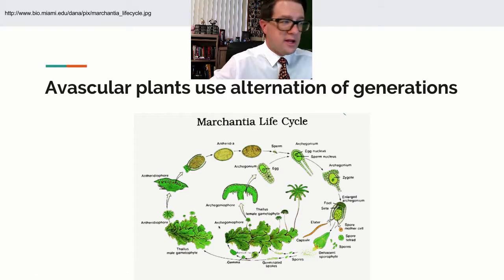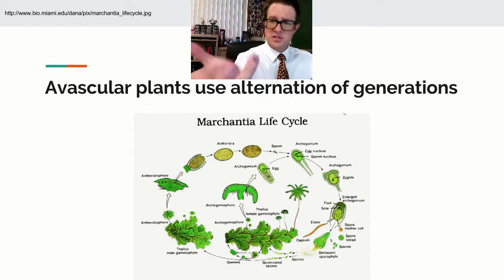And when it's ready, it will actually produce things that we call gametophytes, which are the male and the female parts, or the things that are capable of sexual reproduction. And it alternates between a form that has spore makers, or it makes gametes, so sperm and egg.